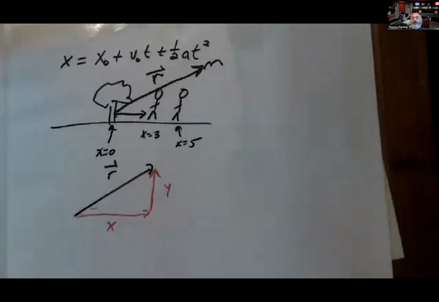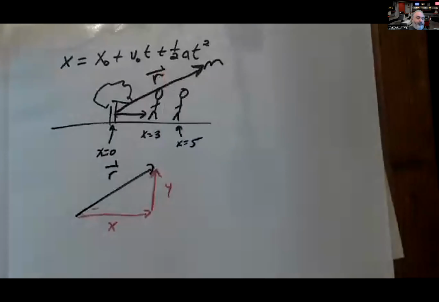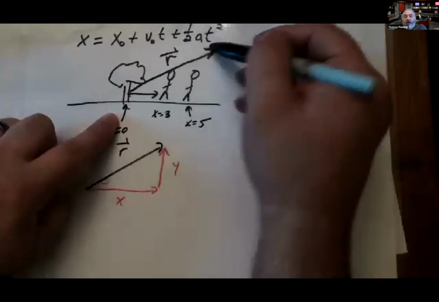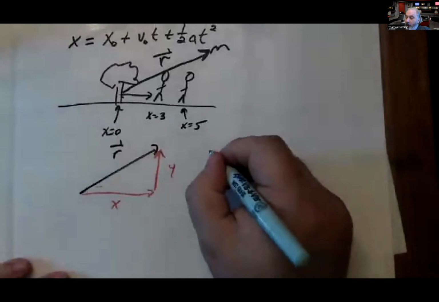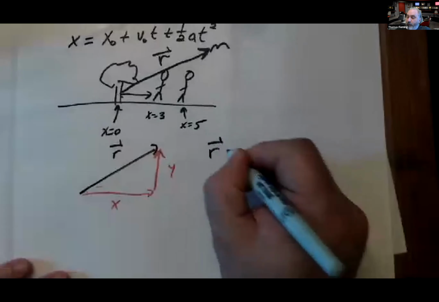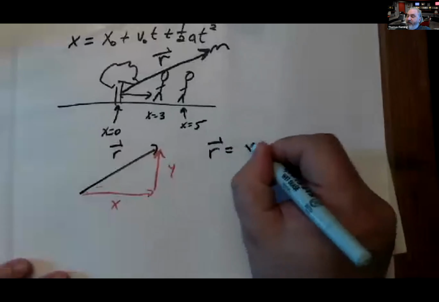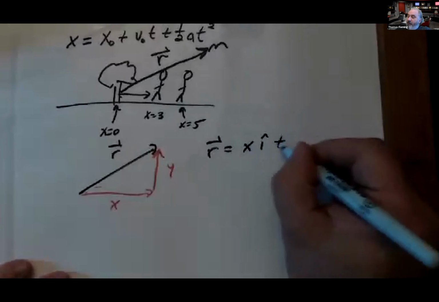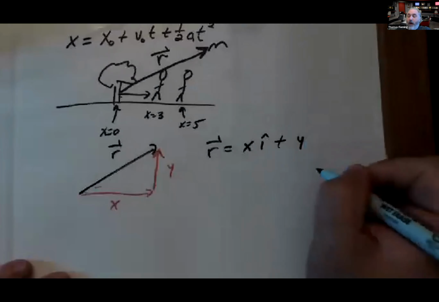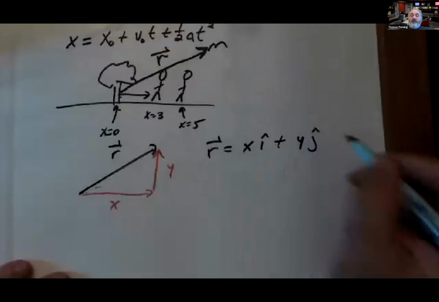So the idea is that r is a vector who has components that are just the x and y coordinates of whatever we're talking about. So I can say that r, the vector, would be whatever my x position is in the i hat direction, plus whatever my y position is in the j hat direction.